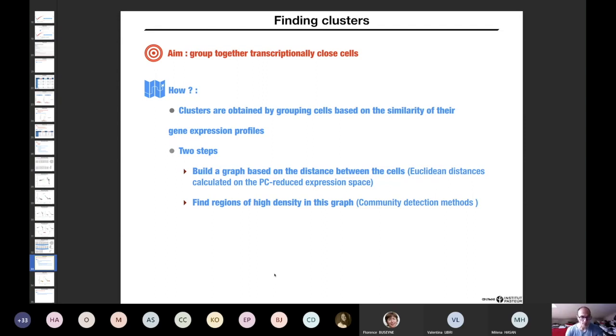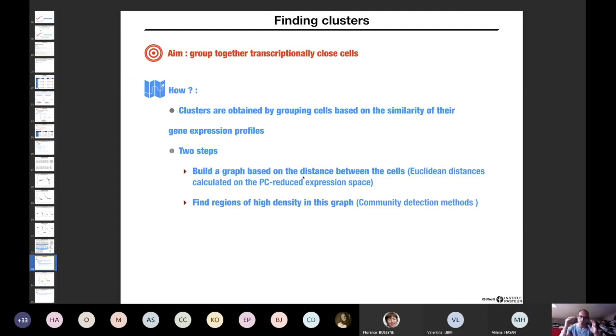The first is to build a graph based on the distance that you can measure between the cells. I took the example of Euclidean distances, but you can choose another way of measuring the distance between the cells. And it's also the number of chosen PCs that is going to be used in these steps.